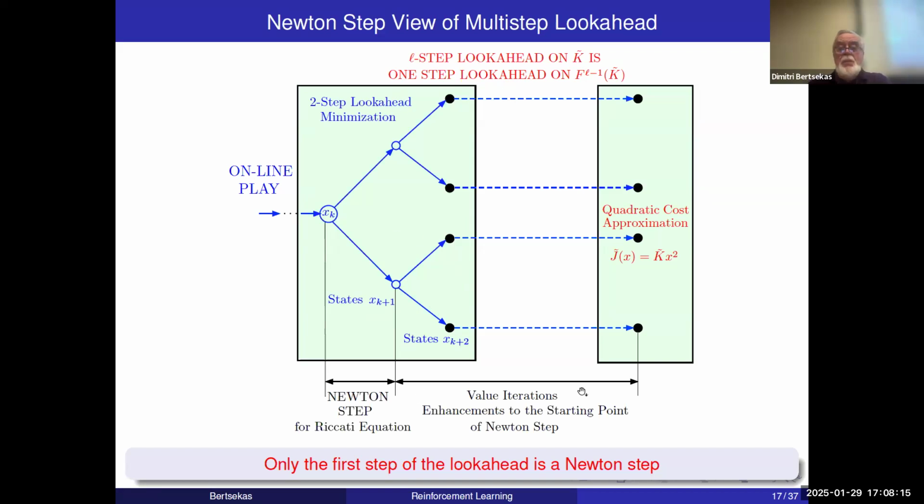It's just applied to a bigger thing that includes these value iterations which enhance the starting point of the Newton step. And only the first step of the lookahead is a Newton step. The other stuff helps to bring the starting point closer to where you want to be.